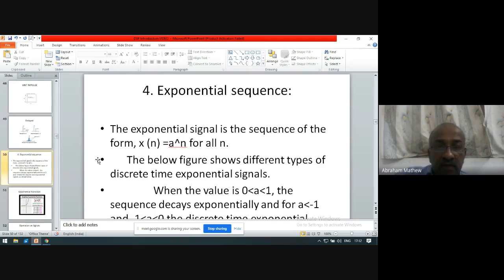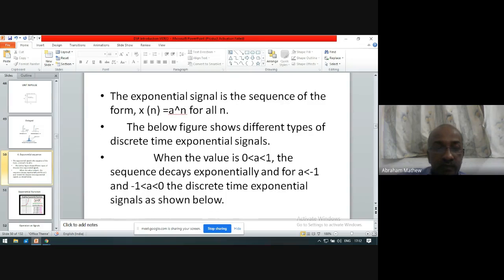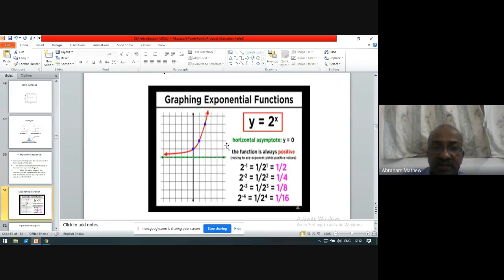Similarly, we have exponential signal. An exponential signal can be represented as x of n is equal to a power n for all n. This is the graphical representation of an exponential signal. Here it is represented as y equals 2 power x.